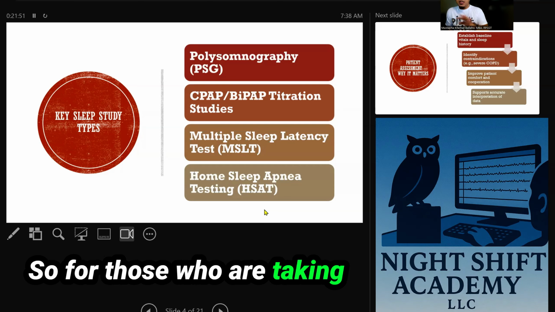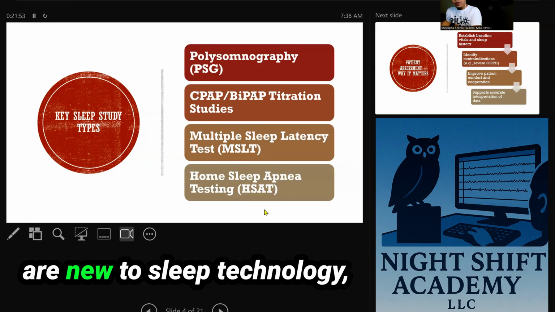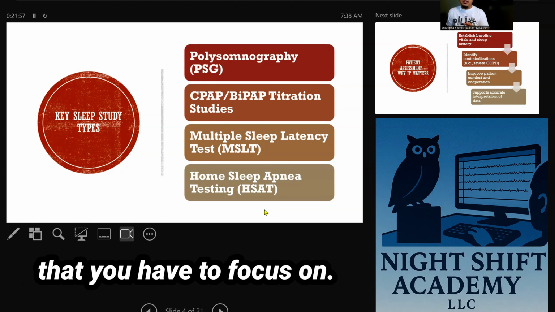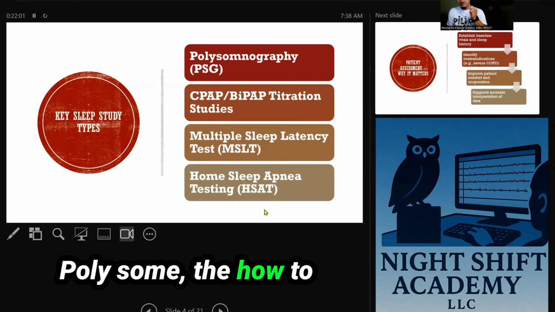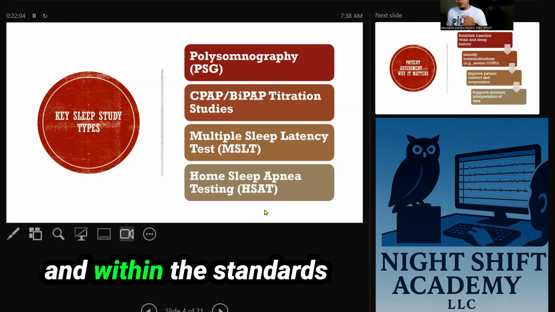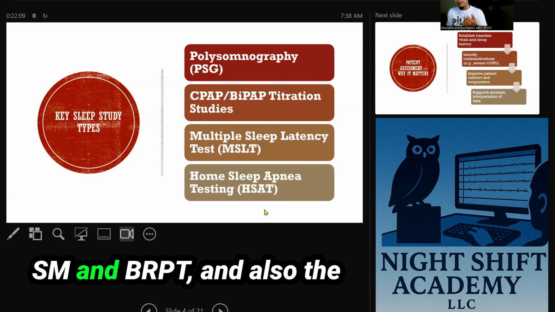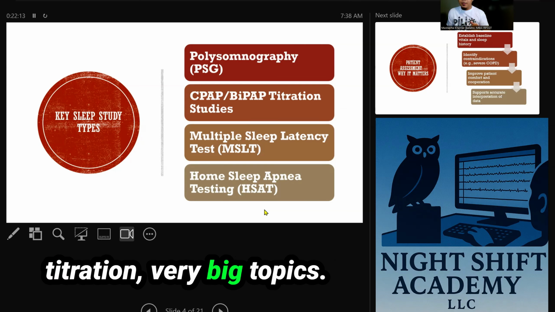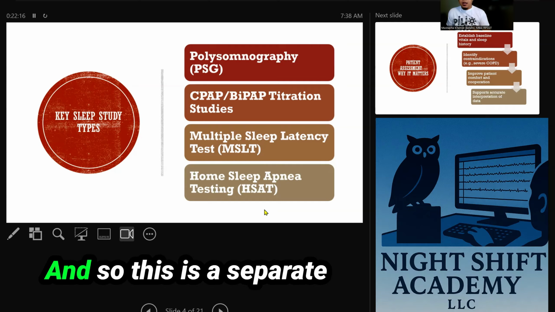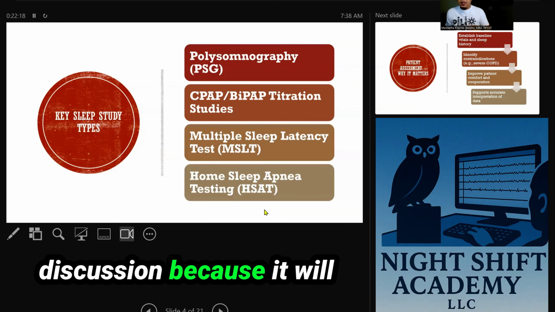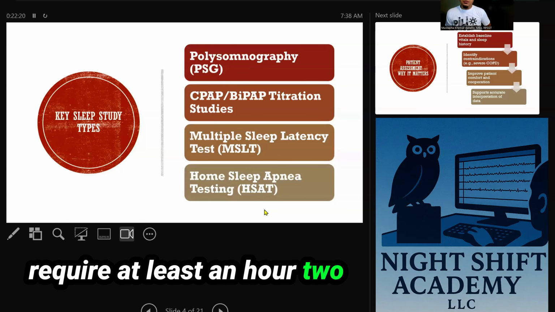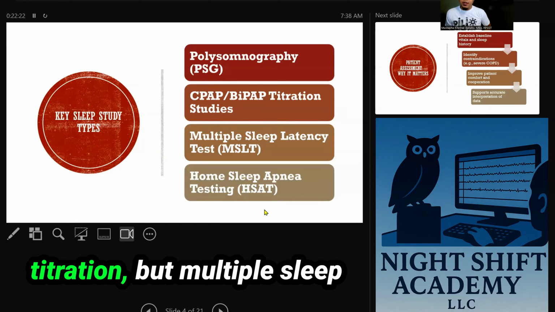So for those who are taking the RPSGT exam and those who are new to sleep technology, this is one of the things that you have to focus on. How to perform it appropriately and within the standards of practice according to AASM and BRPT, and also the titration, very big topics. And so this is a separate discussion, because it will require at least an hour or two to discuss all the modes of titration.